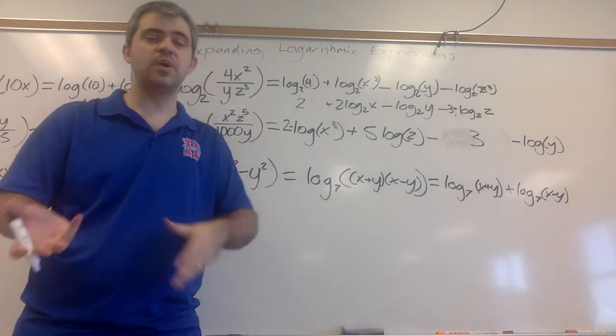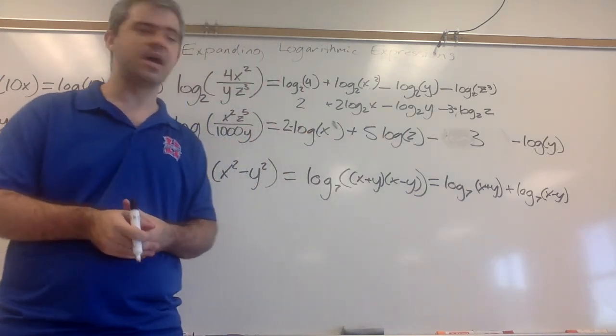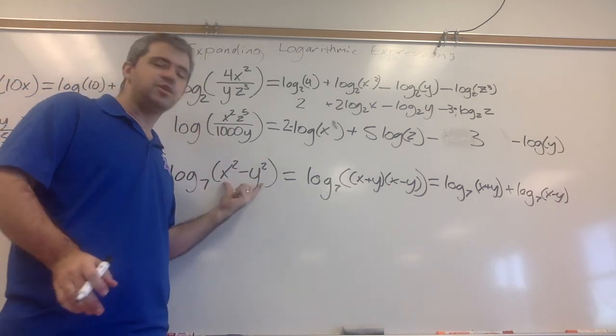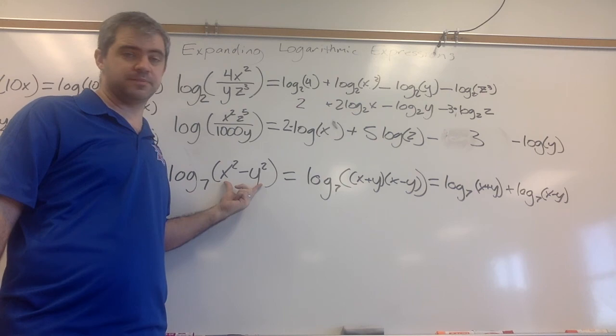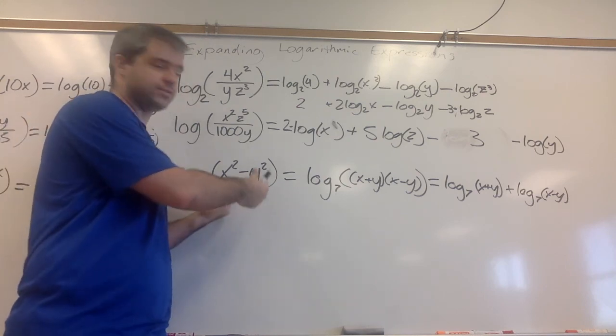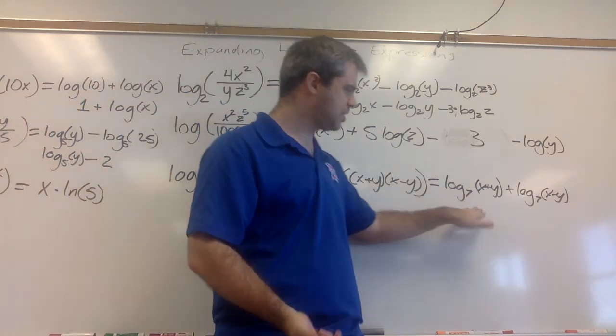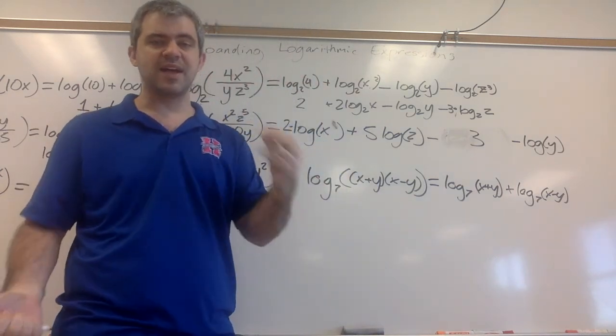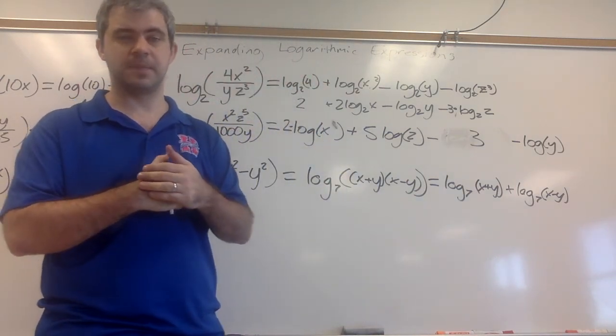That could be helpful to us. That could be not helpful to us. But if you're sitting here going, there's no way I can simplify this, you might take a look and see if you can factor it. Because factoring turns it into multiplication, and multiplication allows us to simplify this. So that's how we expand logarithmic expressions.